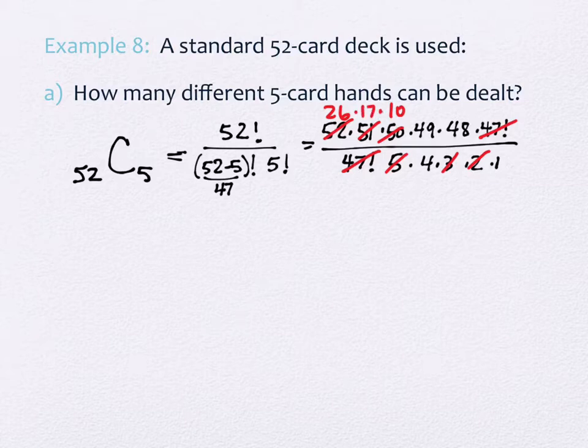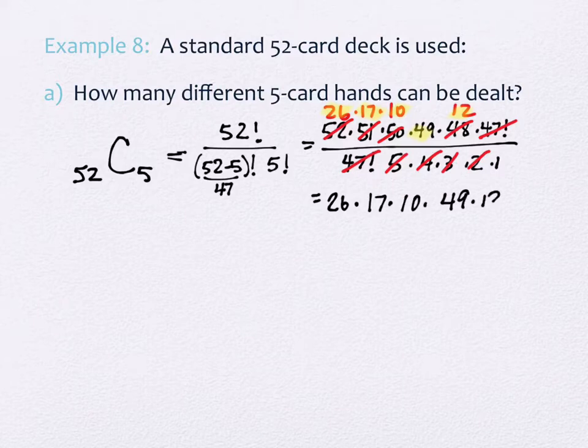How about my 4? 4 and 48 works nicely. So 48 divided by 4 is 12. Be very careful in collecting all the things that are remaining, so that you don't miss one. It would be easy on this one to miss the 49 because I never adjusted anything with it. So we need 26 times 17 times 10 times 49 times 12.